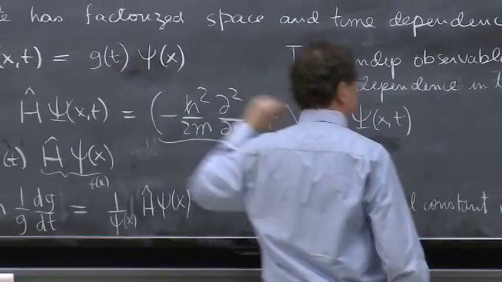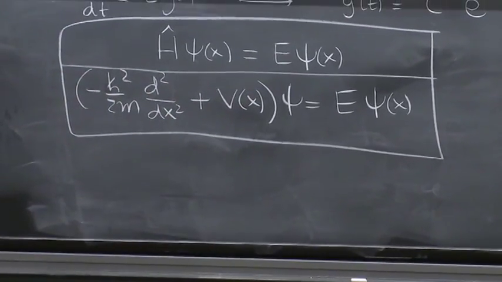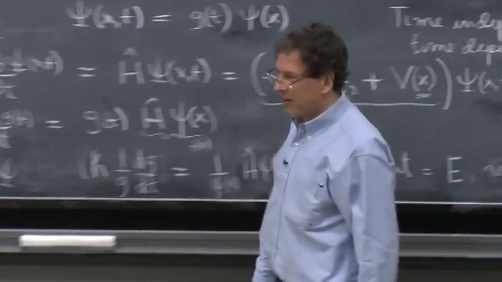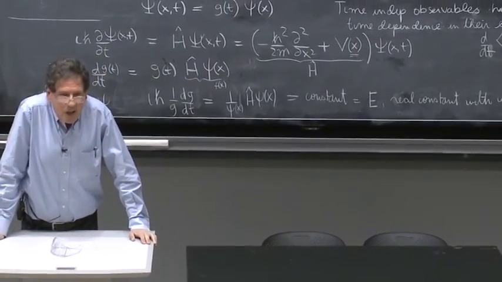You've solved for g of t. The time dependence was easy to solve for, but the x dependence is complicated in general. There you have to do some work. You have to solve a differential equation. It's not that easy.